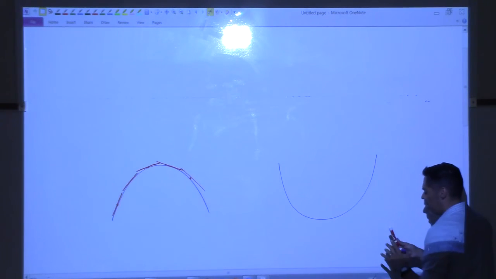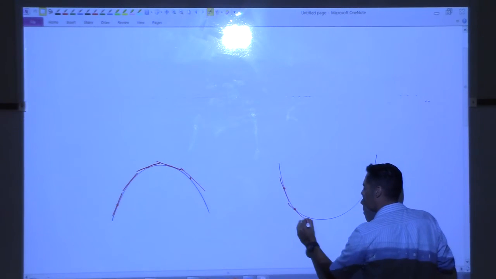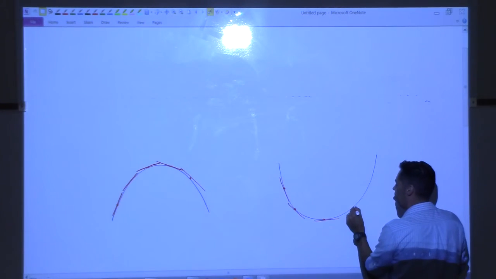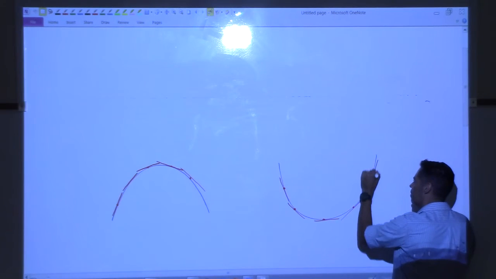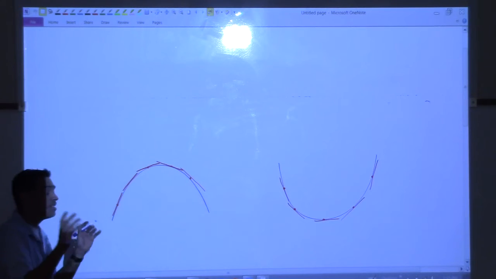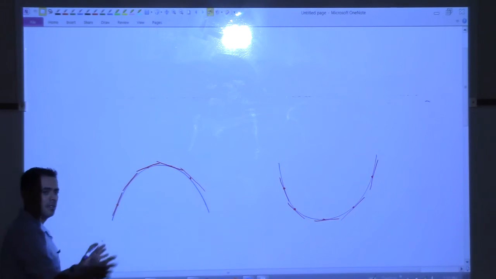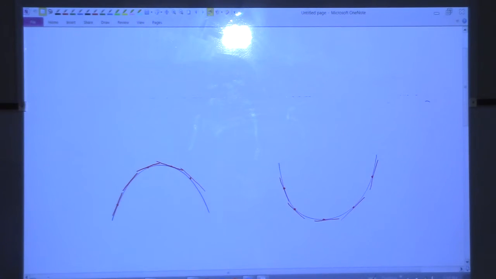And this is a concave up function. Can you all see, like, another way other than saying smile and frown, what the difference is between these two curves? The derivative starts positive and then goes negative.